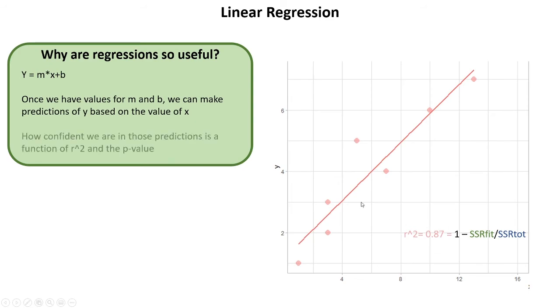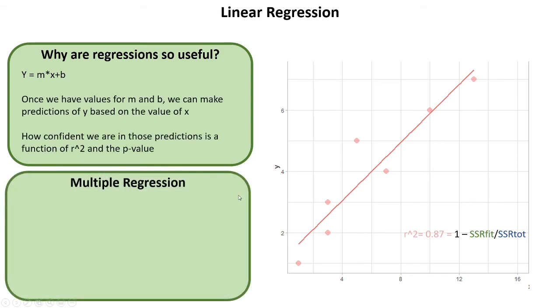And how good of a prediction that will be is described by R squared and the p-value, which is the confidence in how good your R squared value is, right? So higher R squared will mean that the predictions that your linear regression makes will be more accurate than for R squareds that are lower. That will say that the predictions made by your linear regression will do a less good job at predicting your dependent variable.